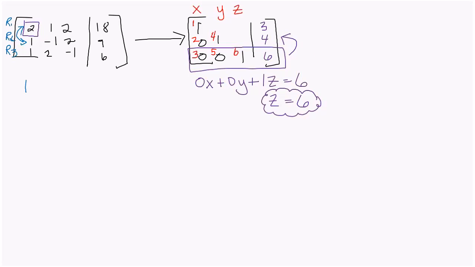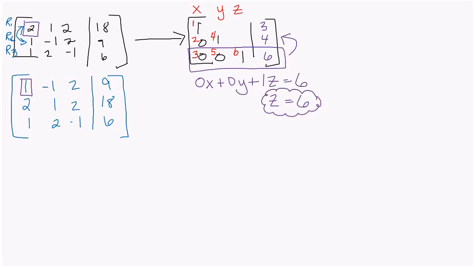So I'm going to put row 2 at the top, and then I'm going to move row 1 down and keep row 3 the same. So interchanging rows is okay, and you can see right there that just by exchanging those rows, I now have 1 in my first position.